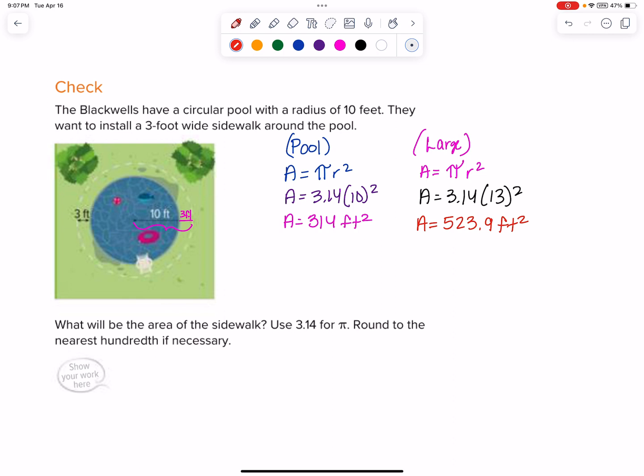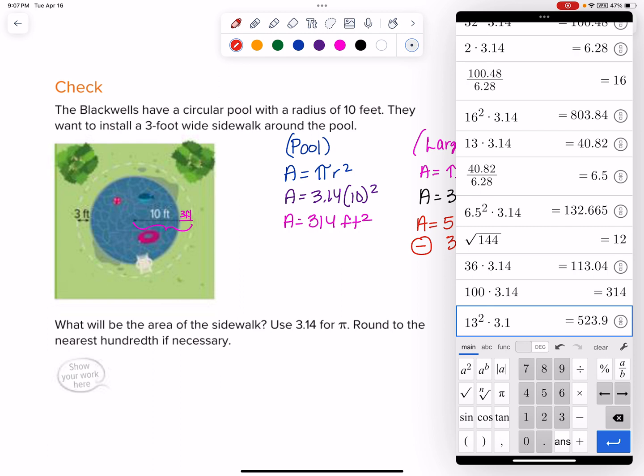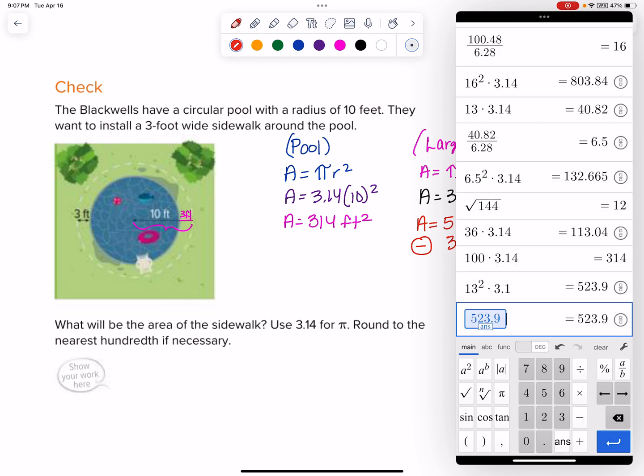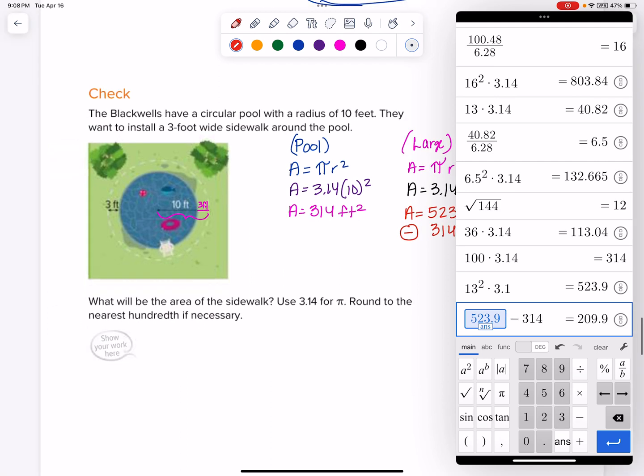And what did we want to do? We wanted to remove the pool from the large circle. Okay, so we're going to go ahead and subtract 314 feet from there. Okay, so I'm going to hit enter and use my answer button and subtract 314. And that gets us, let's see, what will the area be?